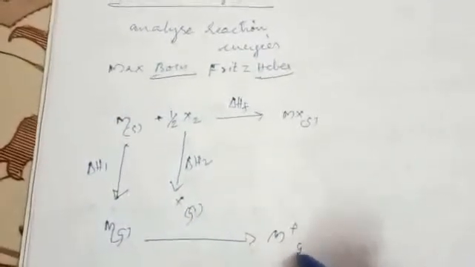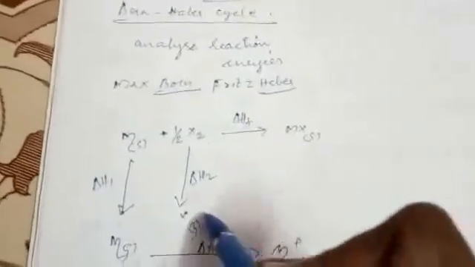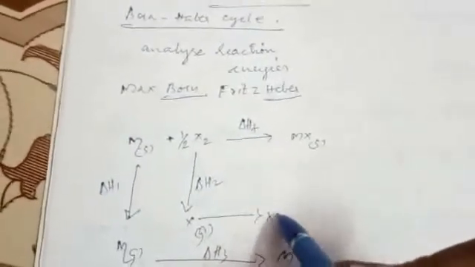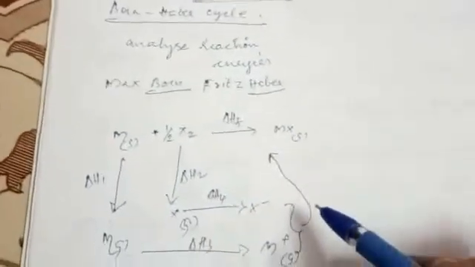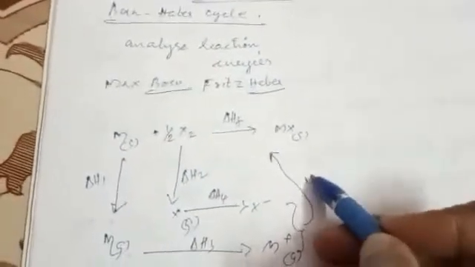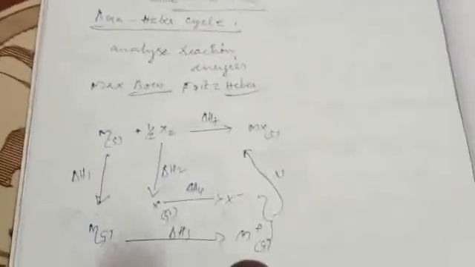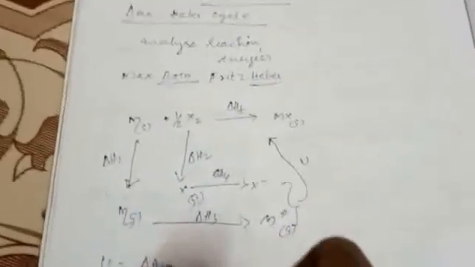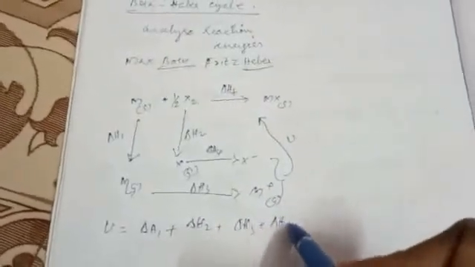Metal gas converted to metal ions is delta H3. X converted to X ions is delta H4. All are combined to give the metal X solid. So the calculation: the energy equals delta H1 plus delta H2 plus delta H3 plus delta H4.